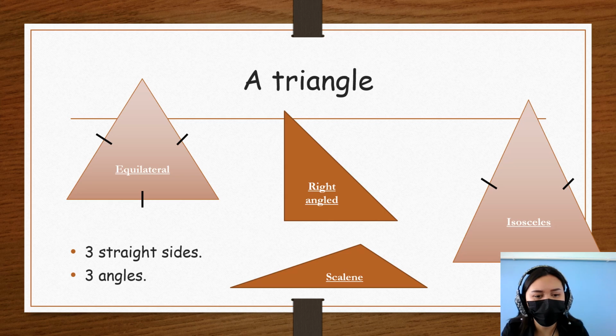When you say triangle, 3 straight sides. Okay, 1, 2, 3. 3 straight sides and 3 angles. 1, 2, 3. So, triangle has 3 sides and 3 angles.